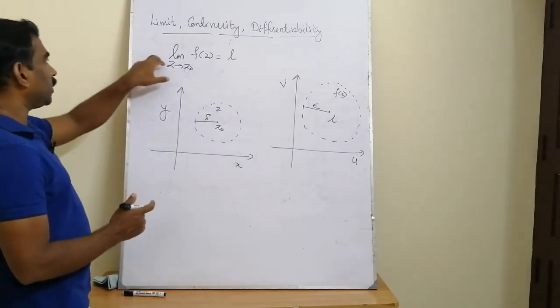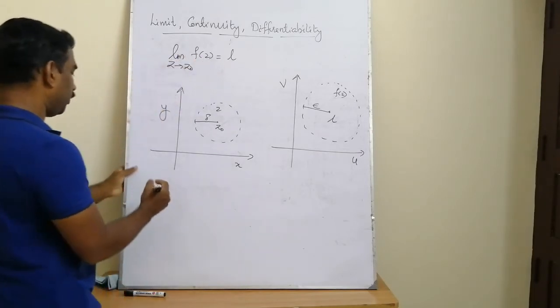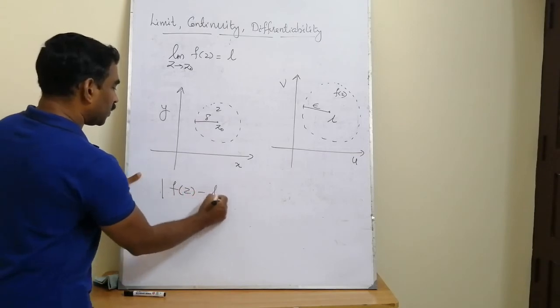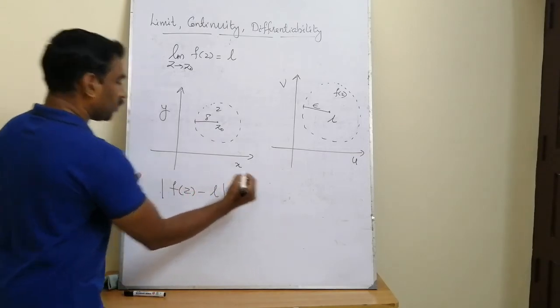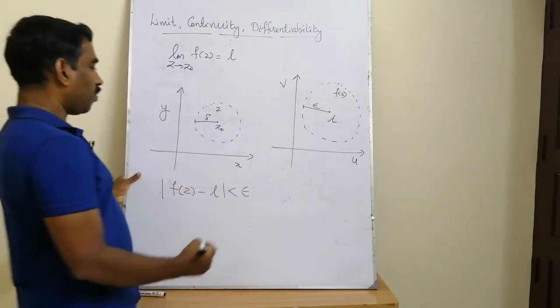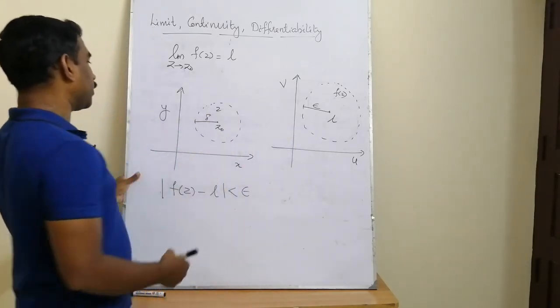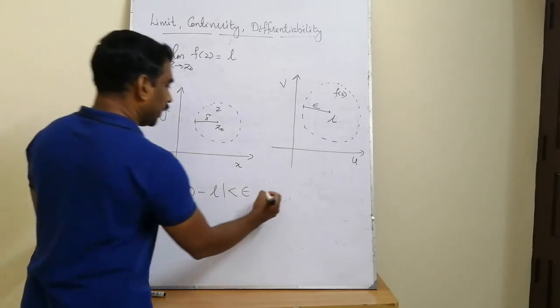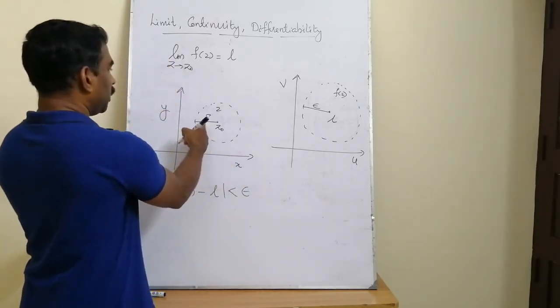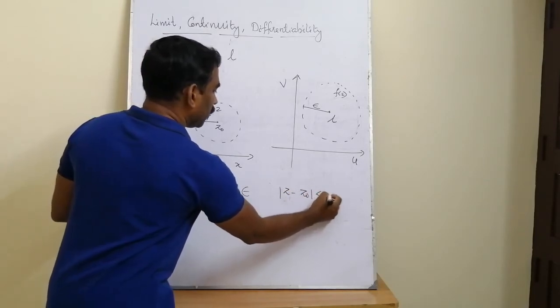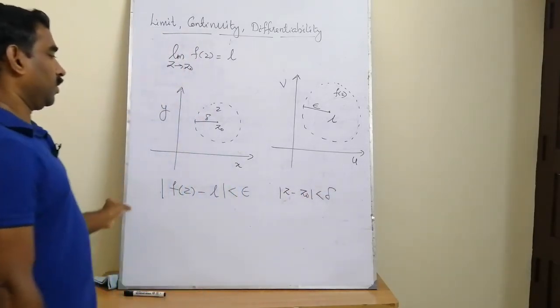So the expression limit z tends to z0 f is equal to L simply means that the difference between f(z) and L is made very small for all z which are different from z0 in this xy plane or the complex plane, so that we can find another small number, say delta, so that the distance between z and z0 is less than delta.